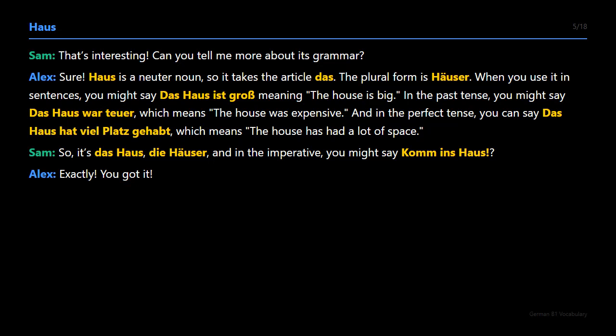In the past tense, you might say, Das Haus war teuer, which means the house was expensive. And in the perfect tense, you can say, Das Haus hat viel Platz gehabt, which means the house has had a lot of space.